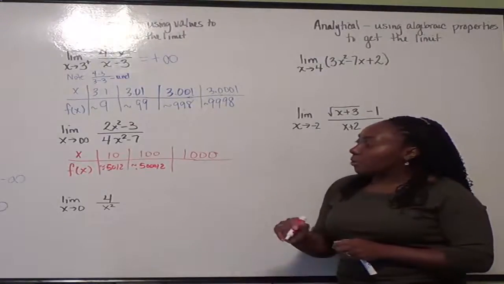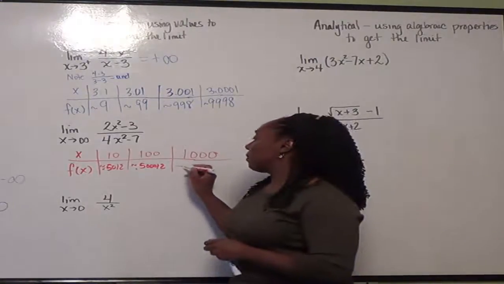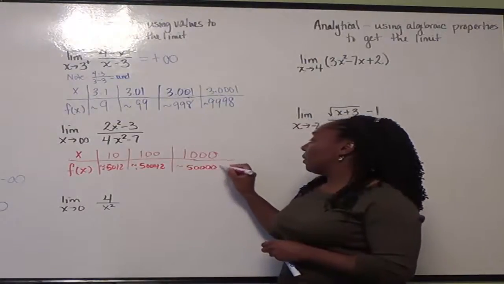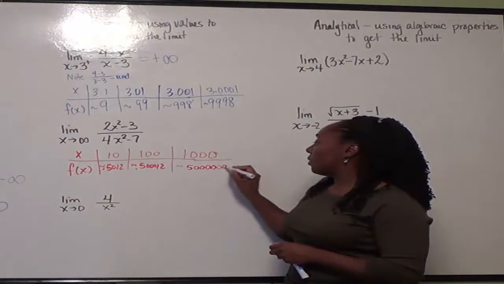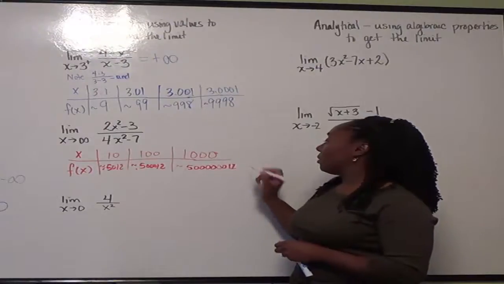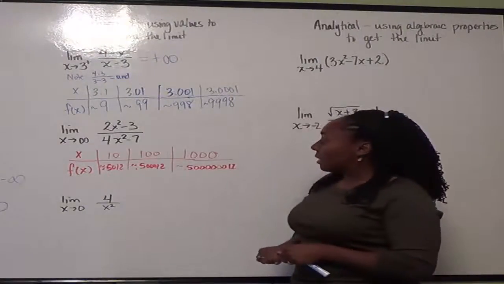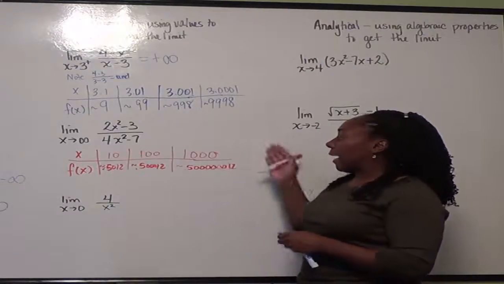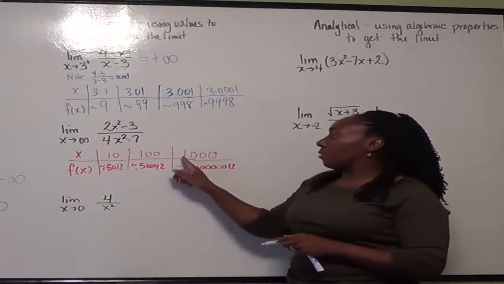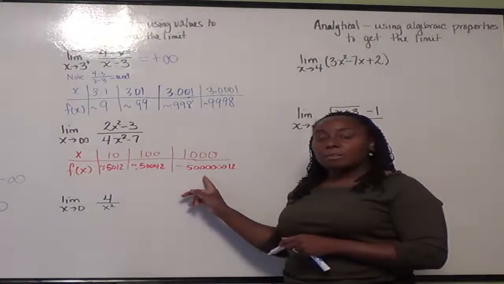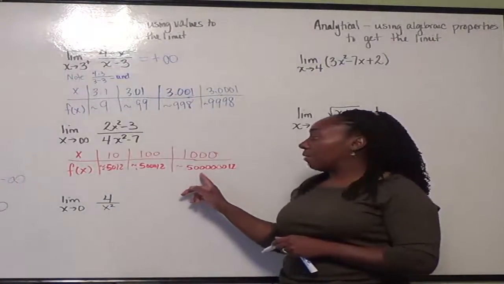And then if I go to 1,000, I get something close to 0.5 with about 6 zeros, 1, 2, etc. Okay? And so then I can see, again, if I add more zeros to my x value, there's going to be more zeros added between the 5 and the other numbers in my y value.